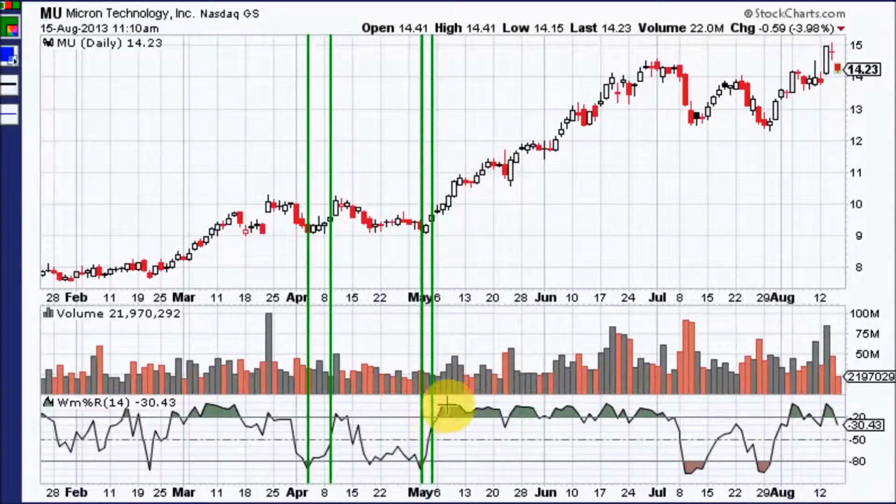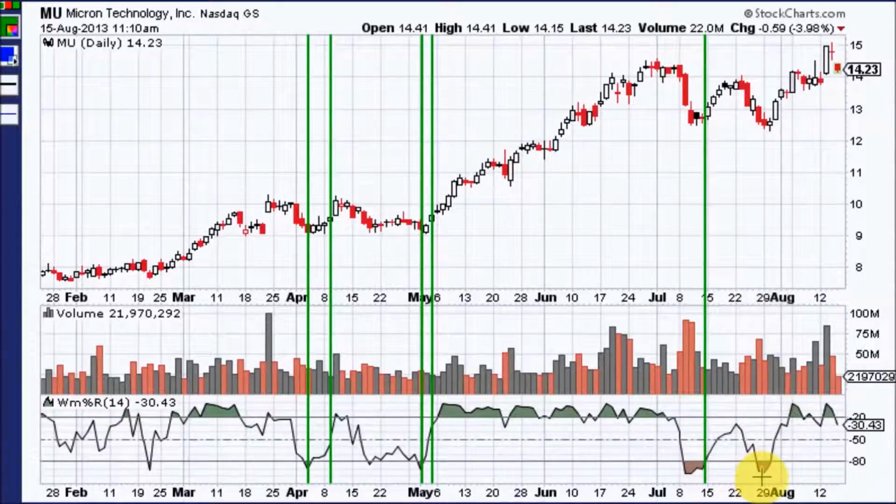It goes all the way to the top above minus 20 and remains overbought for about 2 months. When it breaks below this level of support and drops through the 50 line, the stock falls hard. Then here comes your next buy signal when percent R drops below minus 80 and then crosses back up through it, and the stock goes up.